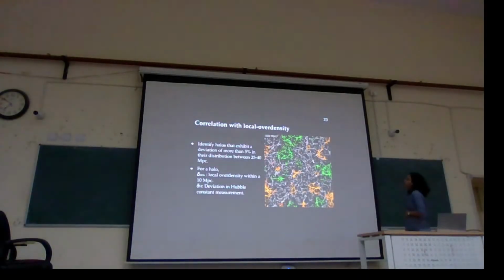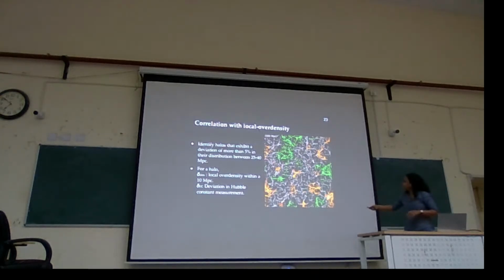Then we find an interesting thing, that there is a correlation between where you reside and what Hubble you see. This is the density field, and the red ones are the observers who see H naught lower than the reference point, and the green ones see H naught higher than the reference point. By looking at it you can see the green ones are scattered in void regions.